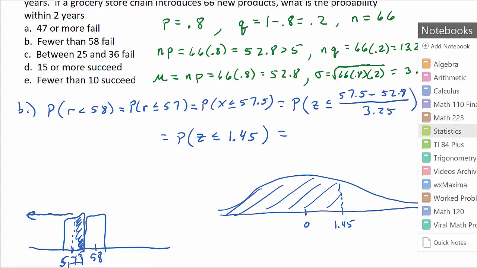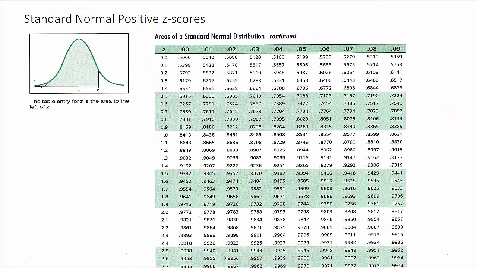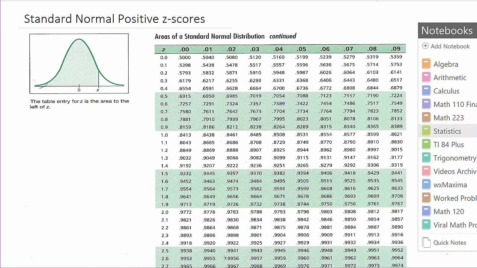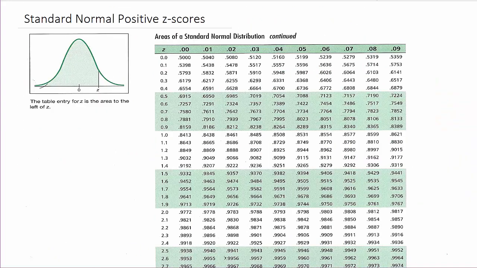So let's go to our table, and we need the positive z-scores. I forgot what my z-value is. Let's see, 1.45. Okay, so 1.45.